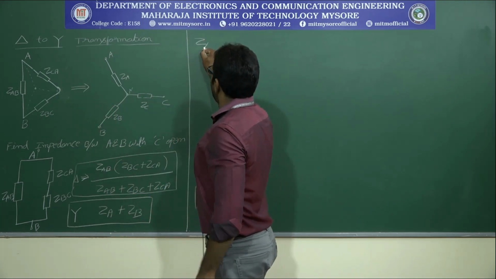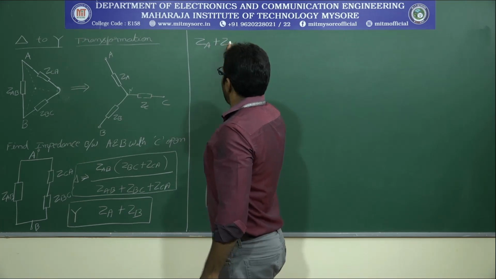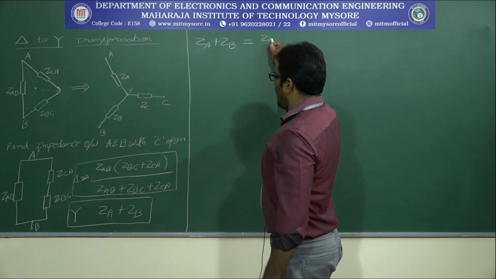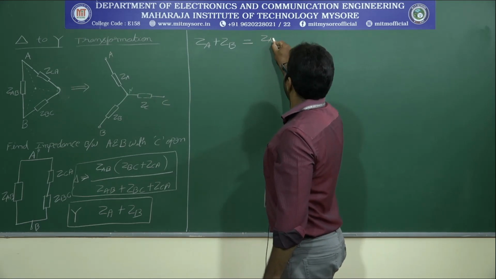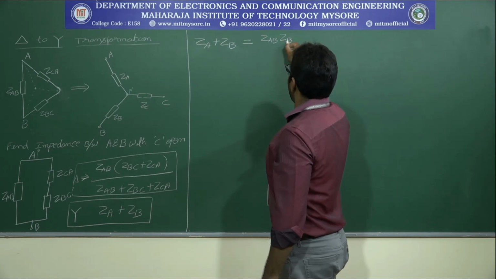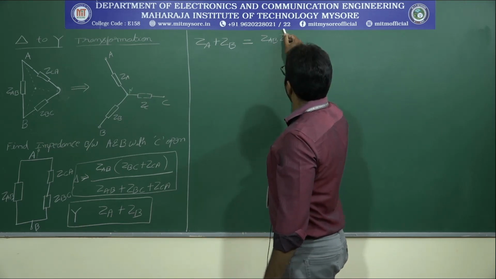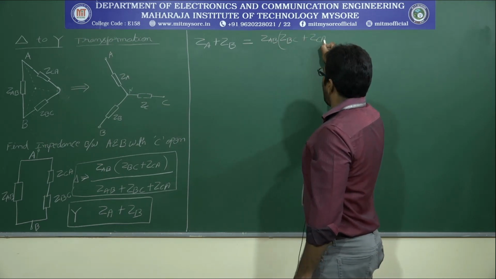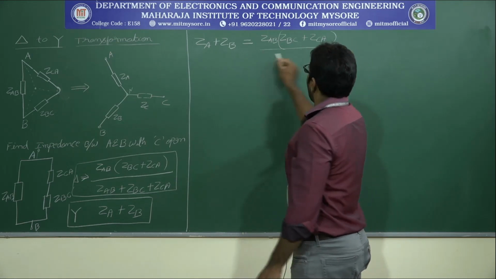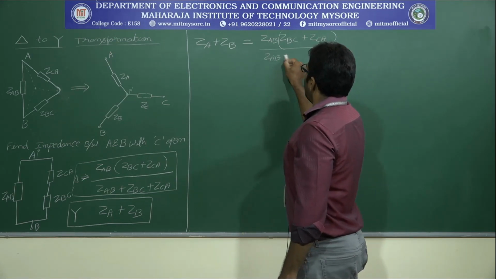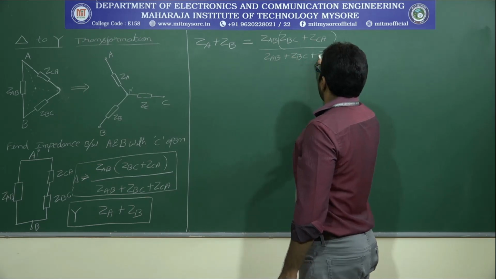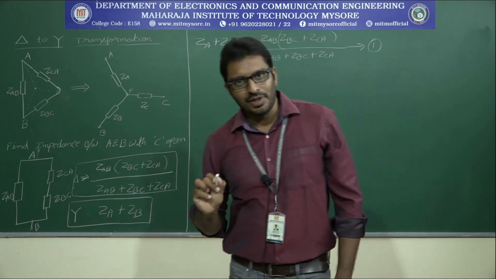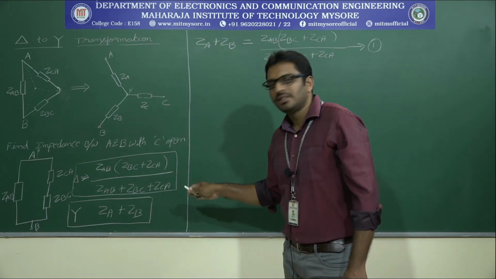ZA plus ZB is equal to ZAB into (ZBC plus ZCA), whole divided by ZAB plus ZBC plus ZCA. Call it equation number 1. I hope all of you understood this concept.